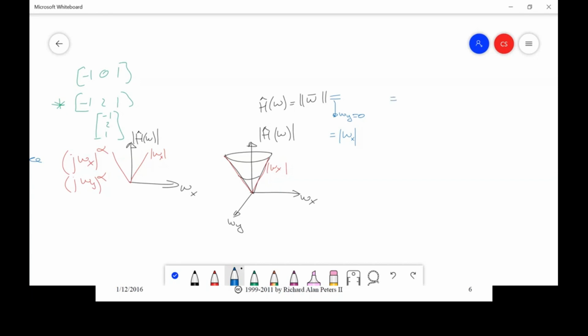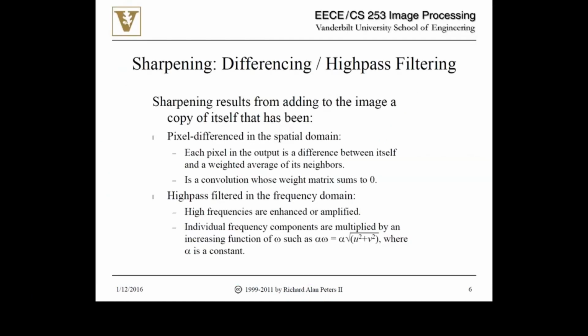And if omega x is equal to 0, this is the absolute value of omega y. And again, that is what we want. Okay, so then all we have to do is to compute the module of omega. So this will be omega x plus omega y. And that is what you have there.